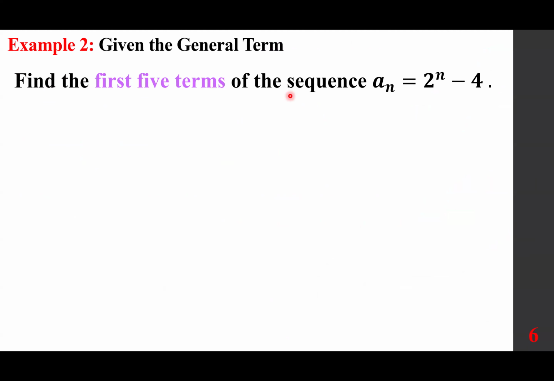Find the first 5 terms of the sequence a sub n equals 2 to the power of n minus 4. So a general term is given, and we want to find the first few. So the first one, a sub 1, is 2 to the power of 1, which is 2, minus 4, which is -2.